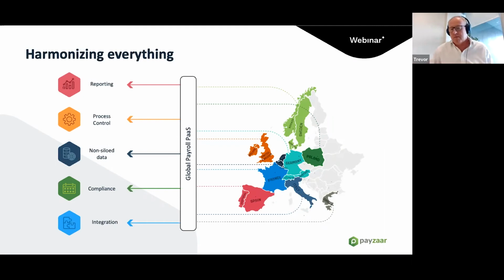So what does a PaaS need to do? Well, it needs to support collaboration between the different actors in the payroll process. So think about people upstream from payroll, generating payroll change data and housing that data in systems, or a lot of the time not in systems, but in spreadsheets or in emails upstream from you, right? So it'll allow upstream collaboration with actors and people and systems, and downstream collaboration with your payroll providers.